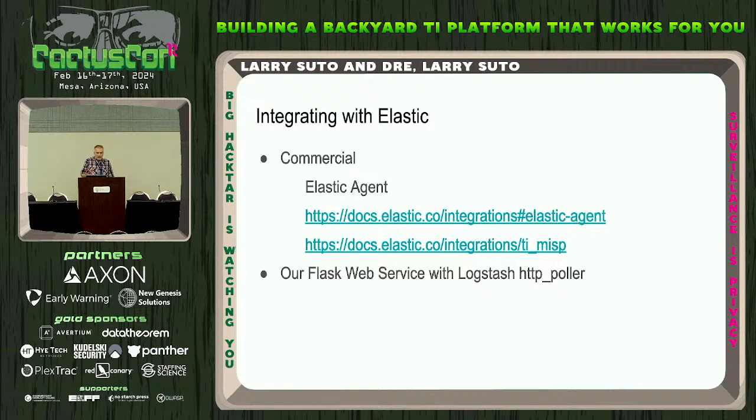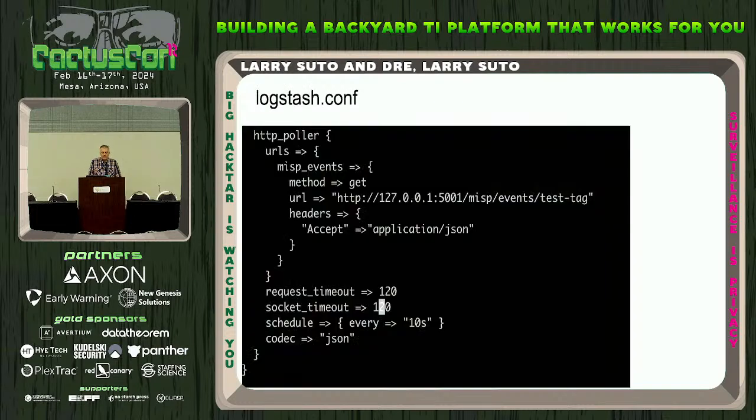I also have a sample Logstash HTTP poller in the code, which you'll be able to configure to search stuff in the web service, and then you insert it into an Elasticsearch index. So that's all ready to go. If you want to play around with that, it will be available.